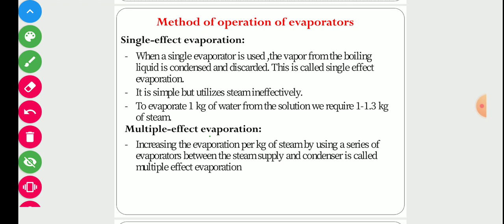But on the other hand, in multiple effect evaporation, we have a series of evaporators, and we give feed to one unit, and then the concentrated solution from the first unit is fed to the second unit and so on. So we get concentrated solution from each unit, and finally we get the most concentrated solution from the last unit.